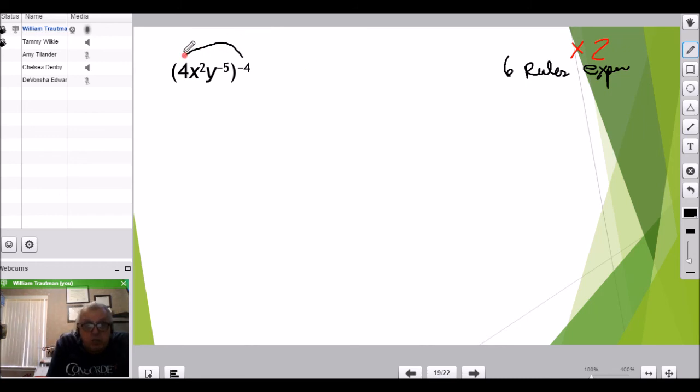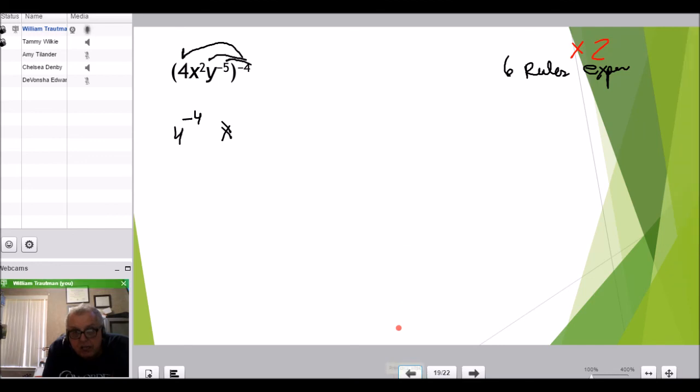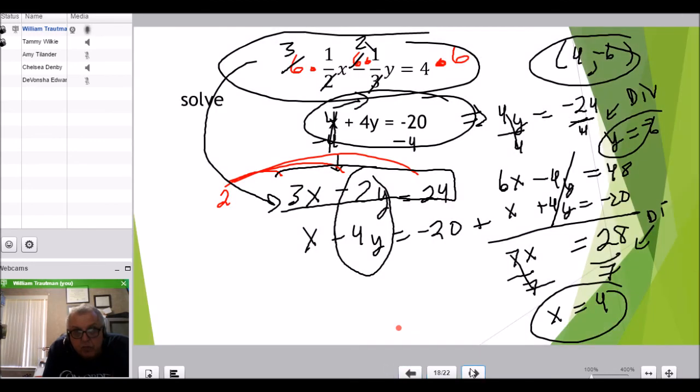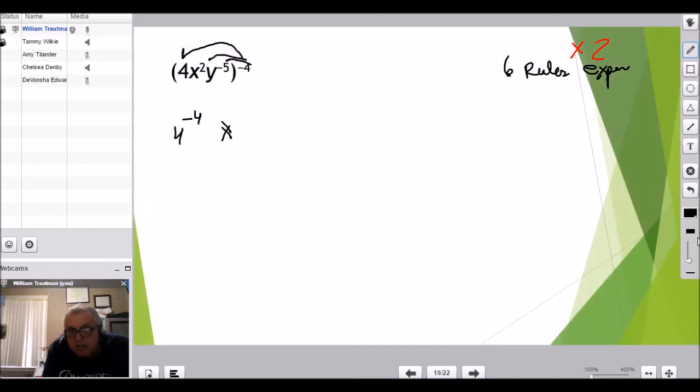Negative 4. If I have a power outside of a parentheses, you have to attach that power to each term in the parentheses. So the 4 has a negative 4 power. The x squared has a negative 4.